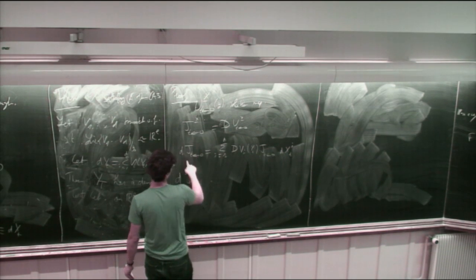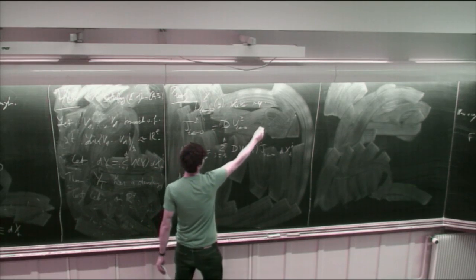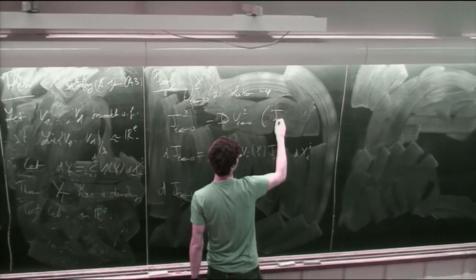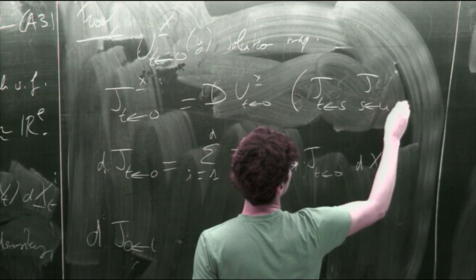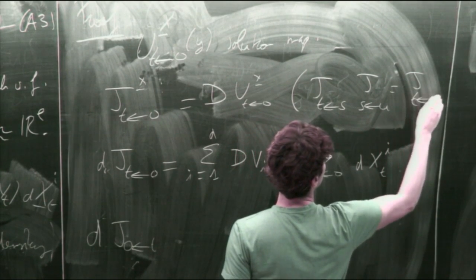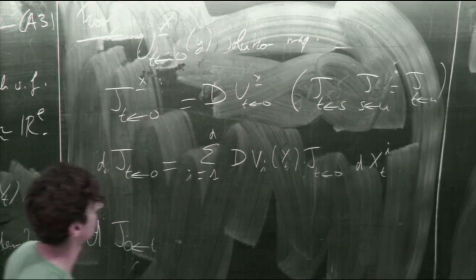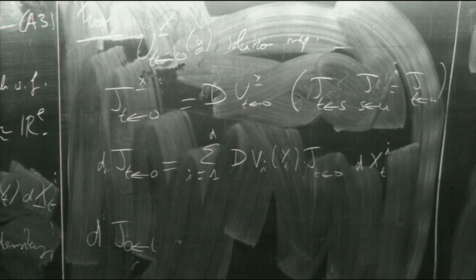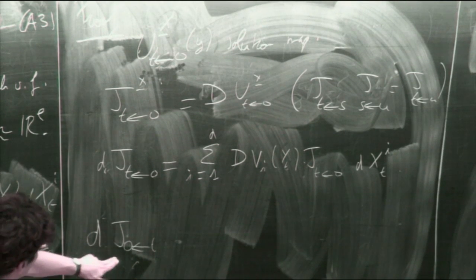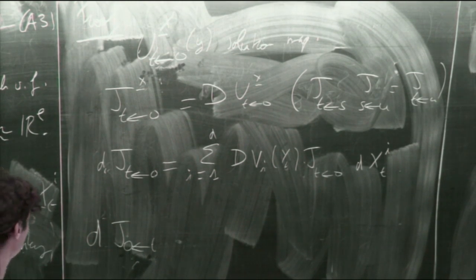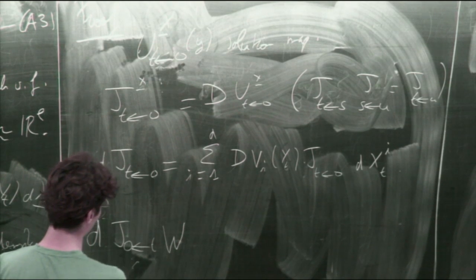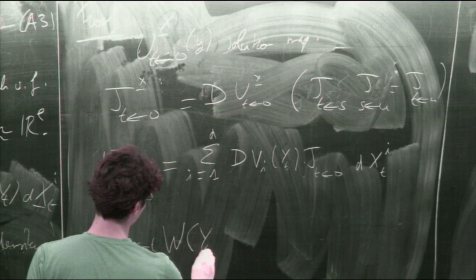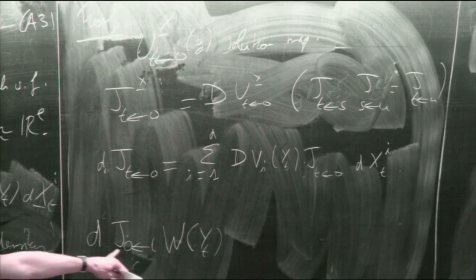This matrix J, just because we have this flow property, we also have this multiplicative property for J, and this is just the chain rule applied to this thing here. And so what we're going to need in the end is this thing from T to 0. So this is a matrix applied to the vector W at the point yt. And we want to know what is the differential equation satisfied by this, okay?